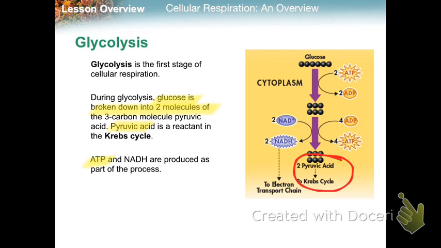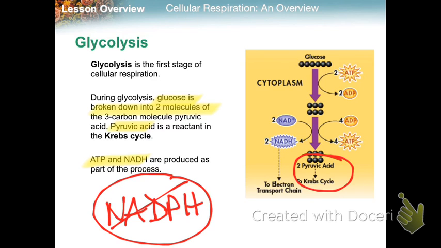In this process, a little bit of ATP and a different electron carrier, NADH, not NADPH. NADPH was the electron carrier in photosynthesis. If you want to think about that, the P would be standing for photosynthesis. It's not NADPH here, it's NADH. Still an electron carrier, but a different one.